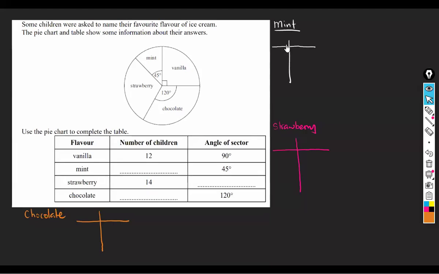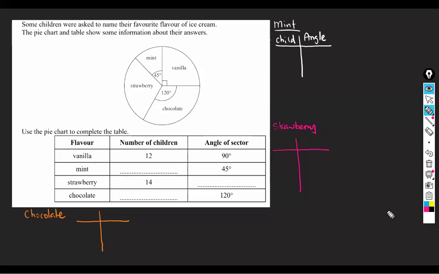Two things we're already measuring here, right? We're comparing at least. So CHILD, that's the abbreviation for children, and then we have the angle.